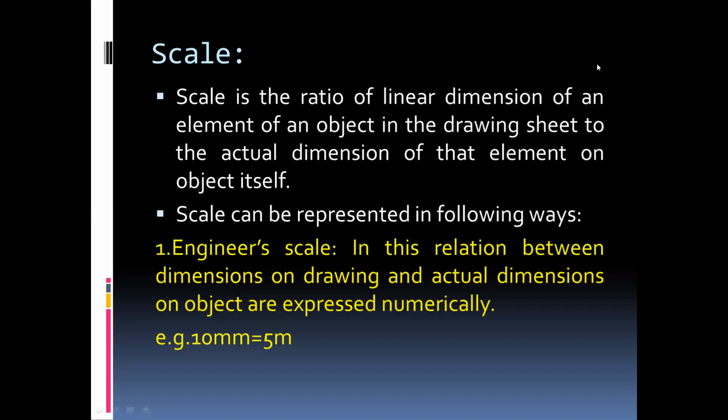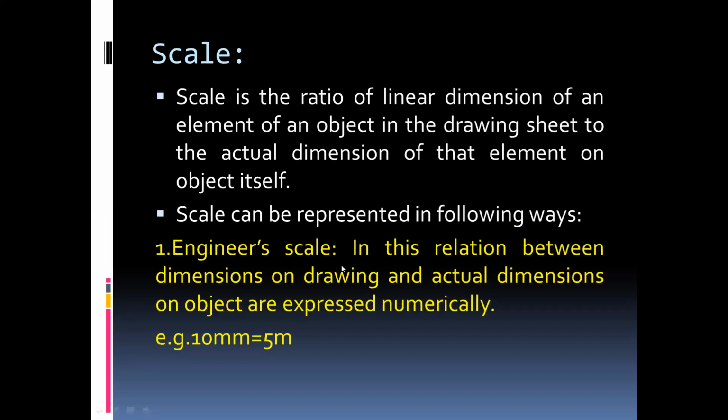So scale is the ratio of a linear dimension of an element of an object in the drawing sheet to the actual dimension of that element on the object itself. So scale means basically it is a ratio. Scale can be represented in the following ways. The first way is called an engineer scale.